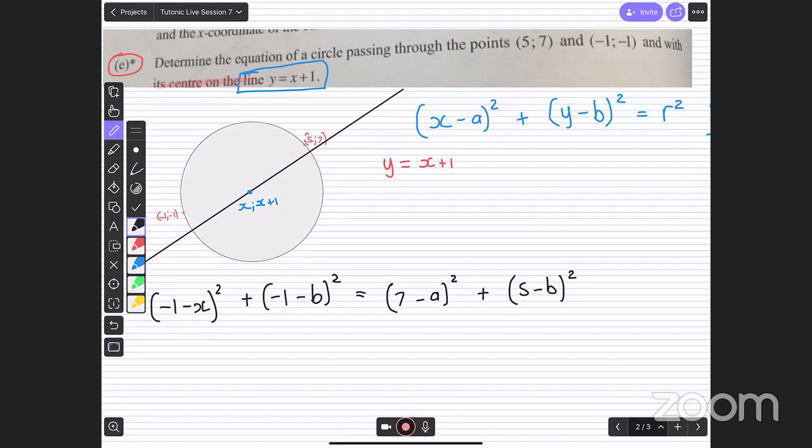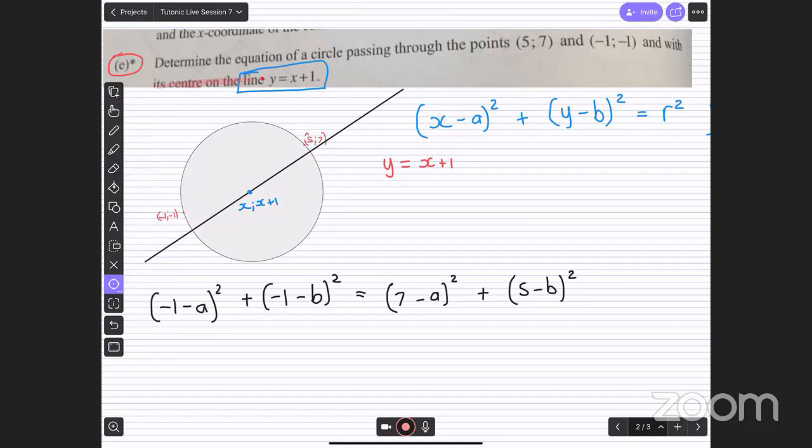Am I skipping a step, or are you guys following? I'm following. I want everybody to understand what I've done. Do you want me to go back? Does everybody agree that this is x plus 1? Yes. That's why they told you it's on the line.